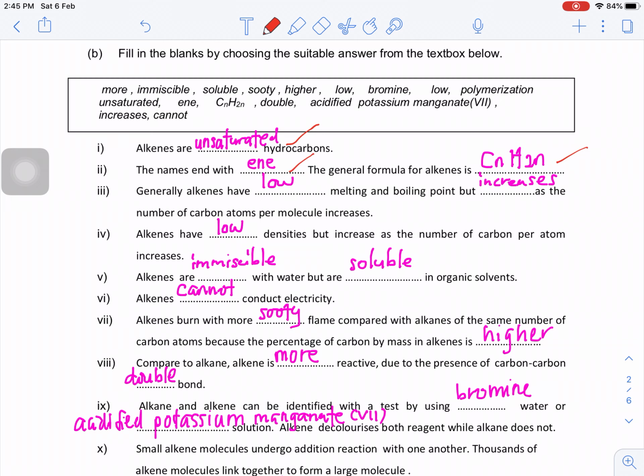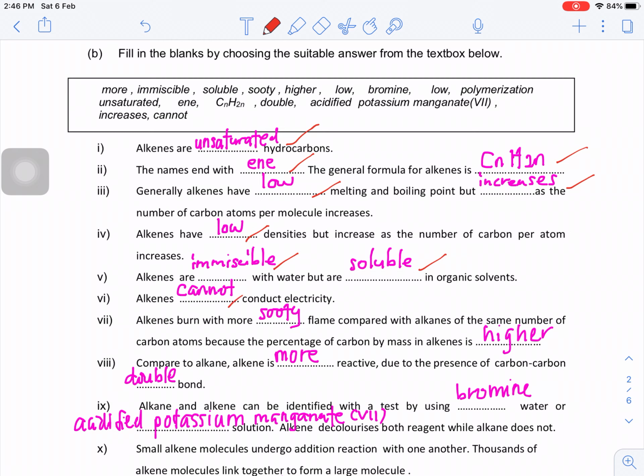Generally alkenes have low melting point and boiling point, but these increase as the number of atoms per molecule increases. Alkenes have low density but it increases as the number of atoms per molecule increases. Alkenes are immiscible. Immiscible means they cannot dissolve or mix with water, but are soluble in organic solvent. For example, oil will dissolve in oil-type substances too.